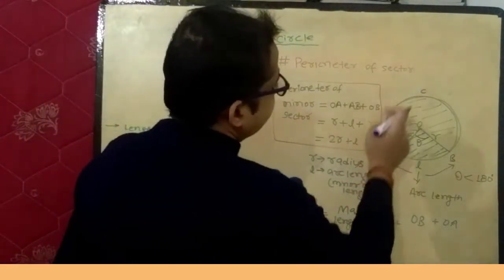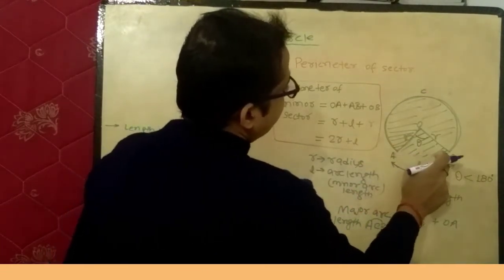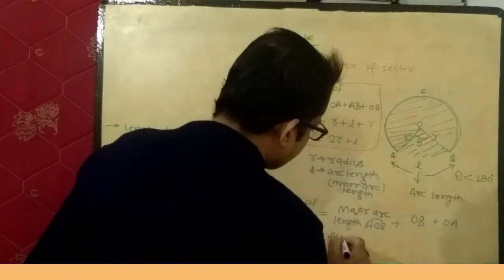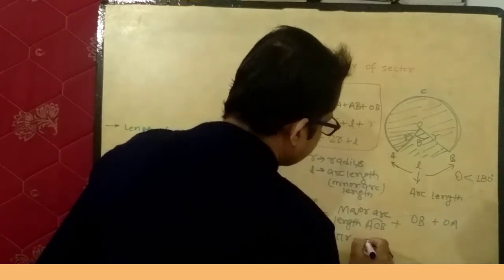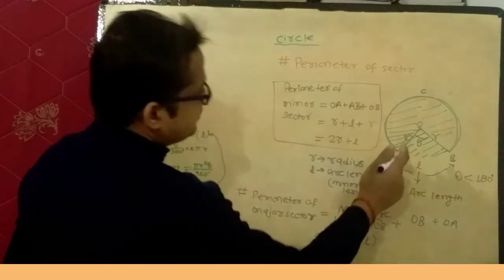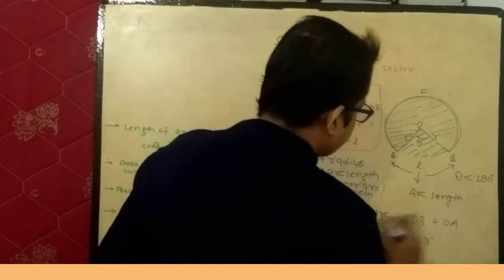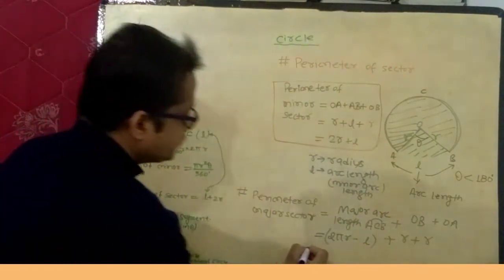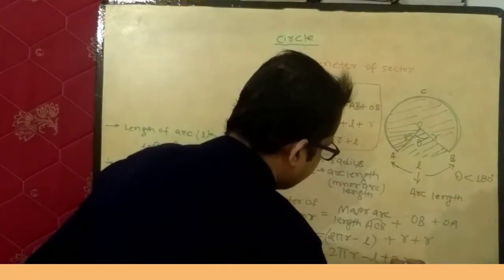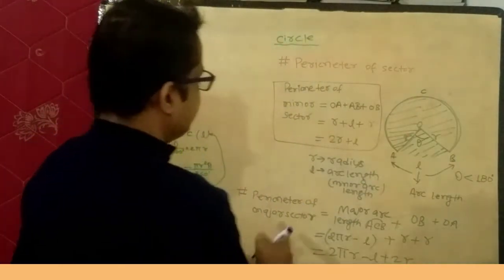This is major arc length ACB, and this is equals to the circumference of circle minus this arc length small l. So 2 pi r minus this arc length l, this is length of major arc, add up OB is r and OA is also r. So by using this formula 2 pi r minus l add up 2r, you can calculate the perimeter of this major sector.